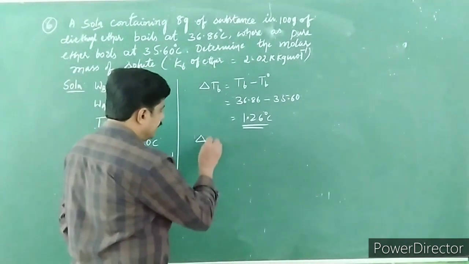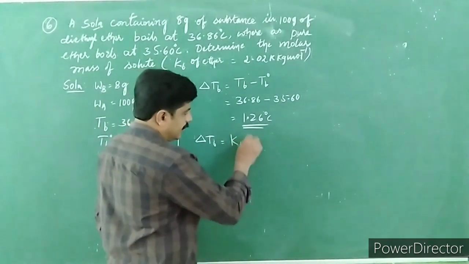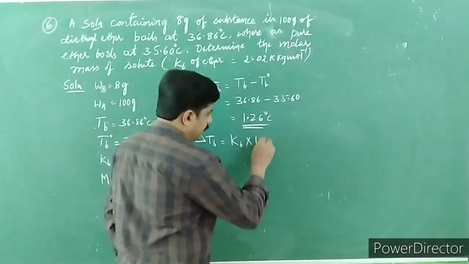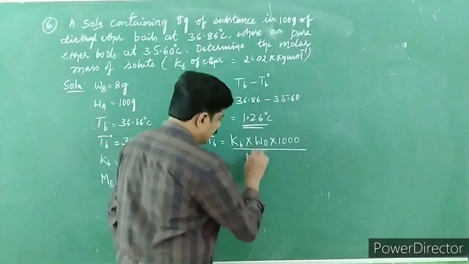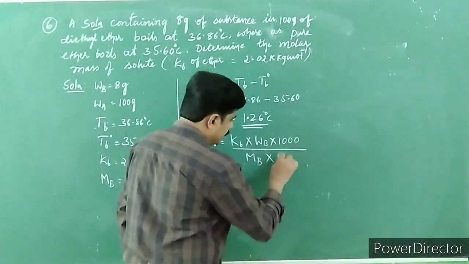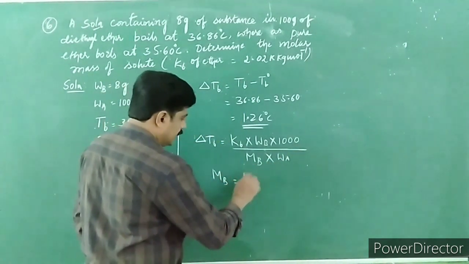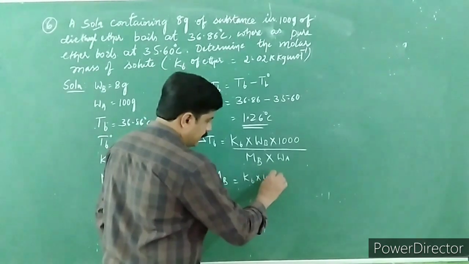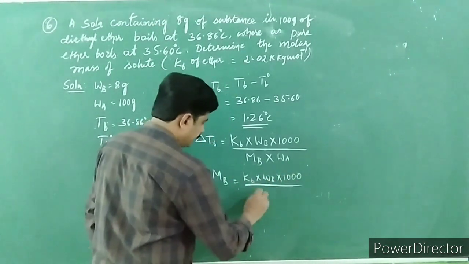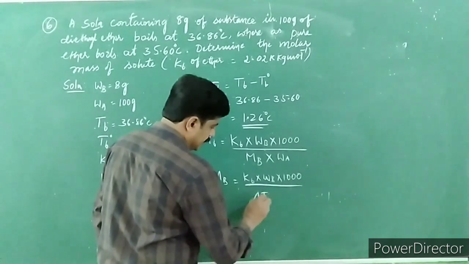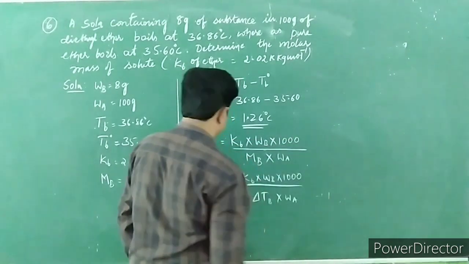Once you find out delta TB, now it's easy for finding out MB. Expression on that: delta TB is equal to Kb into WB into 1000 upon MB into WA. Reshuffle the equation. MB is equal to Kb into WB into 1000 upon delta TB into WA. Now substitute the values.